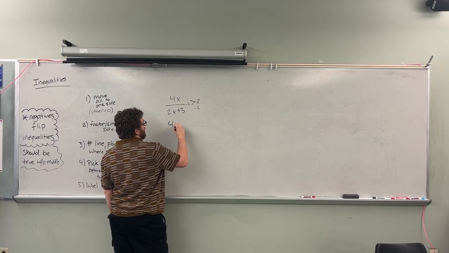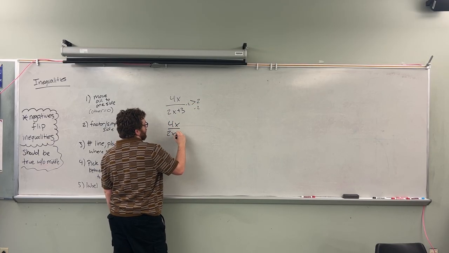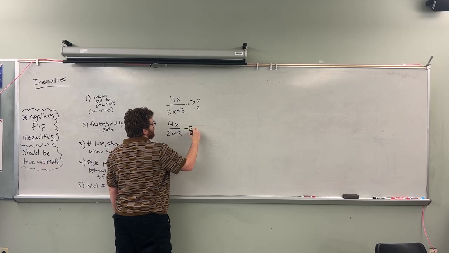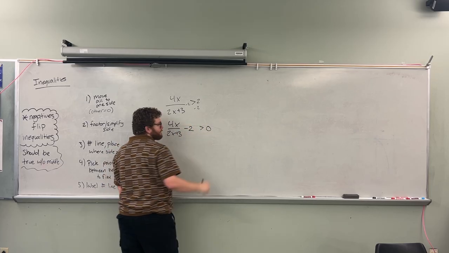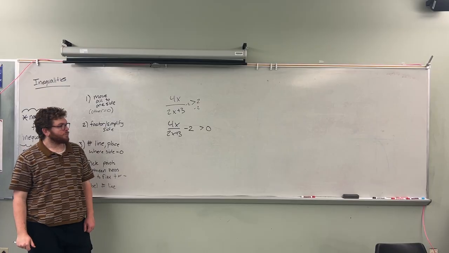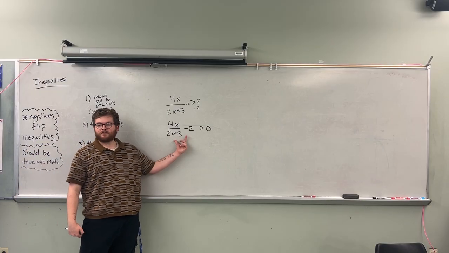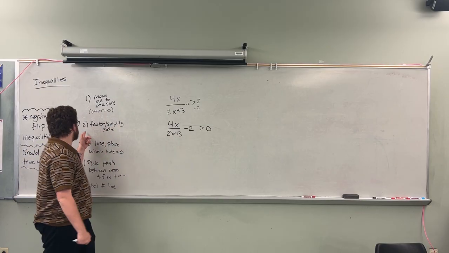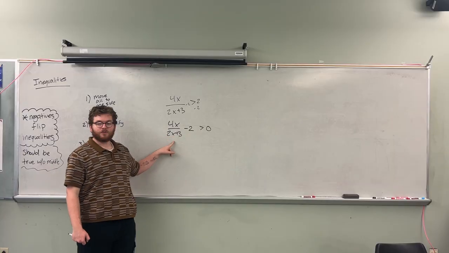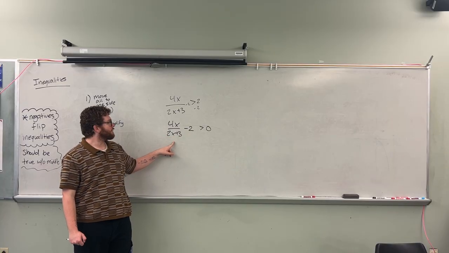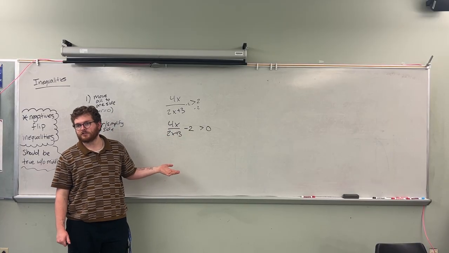I get 4x over 2x plus 3 minus 2 is greater than 0. Now to simplify this side, which is step 2, I have to have these over the common denominator. So I have to basically do cross multiplication of fractions here.